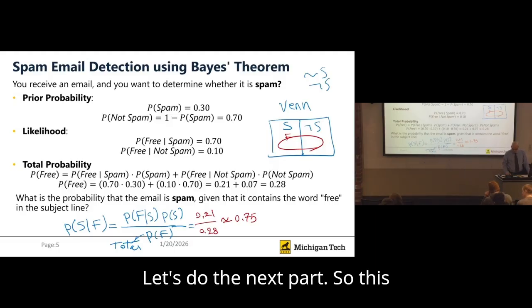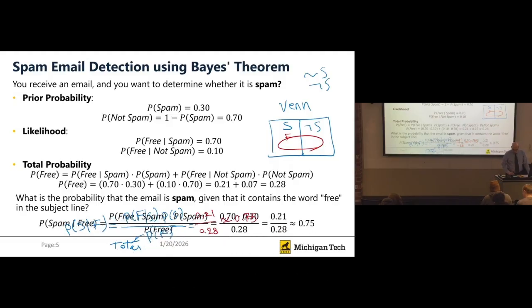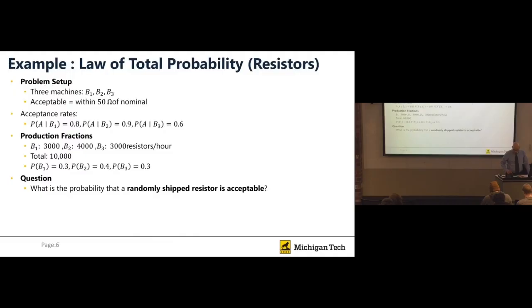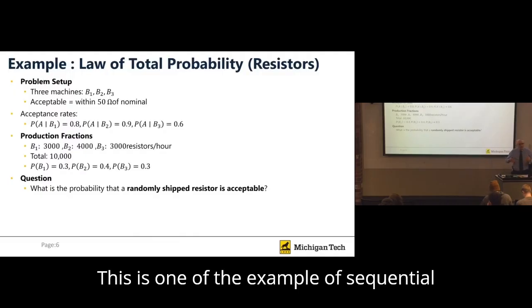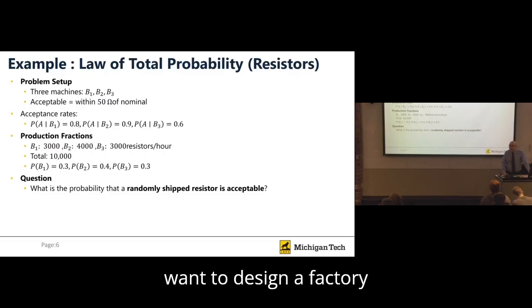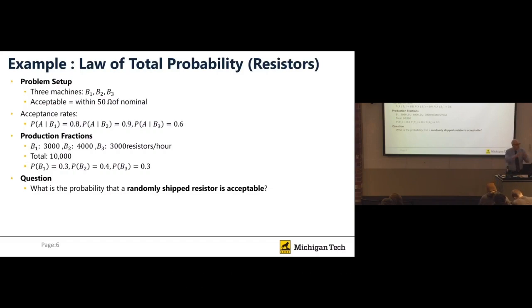Let's do the next part. So, this is a clean version of that. This is one of the examples of sequential experiment. Imagine you want to design a factory to make resistors.